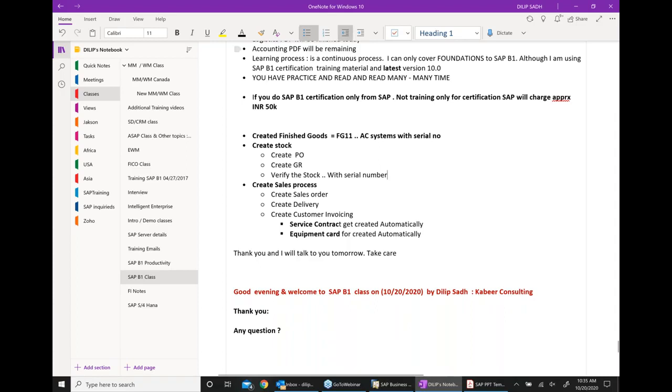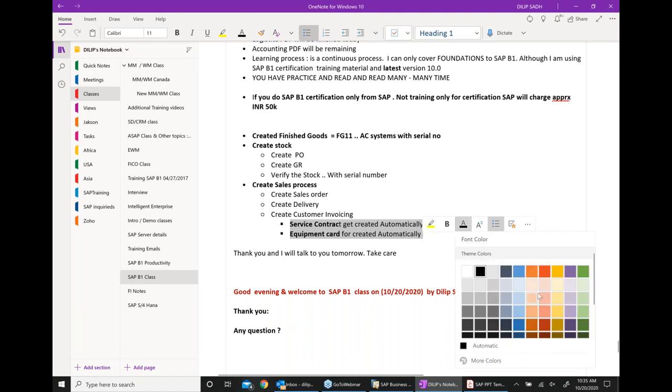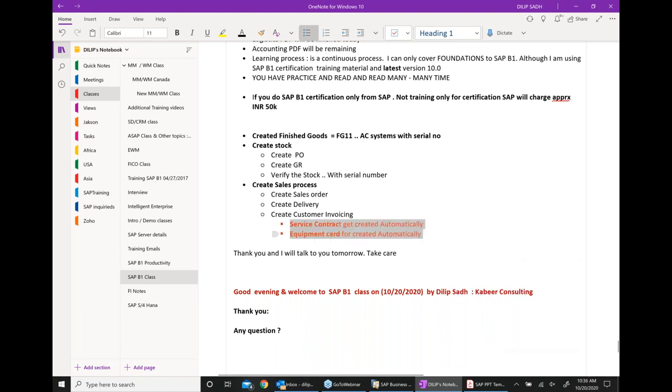Then we created a sales order, then delivery, then customer invoicing, and we saw that SAP automatically creates a service contract and an equipment card. So the service contract and equipment card get created automatically.